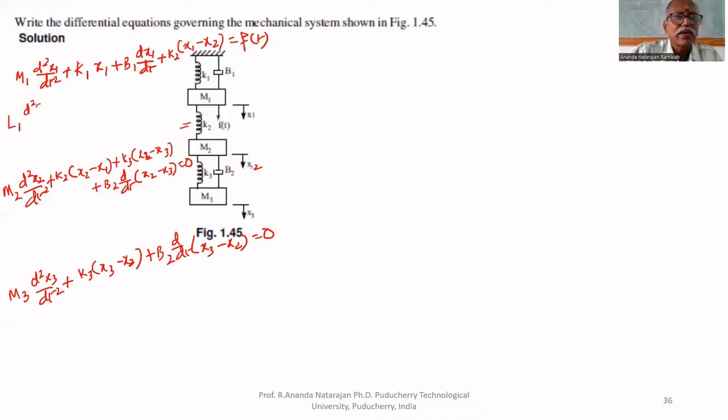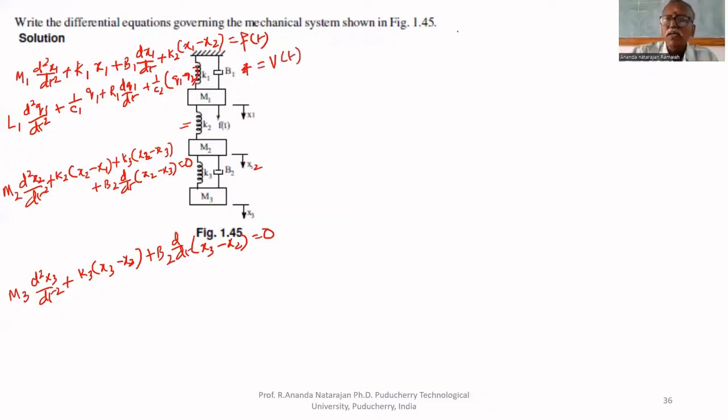L1 d square q1 by dt square plus k, equal to what? 1 by c1 q1 plus r1 dq1 by dt plus k2, again 1 by c2 (q1 minus q2), equal to v of t, applied voltage.